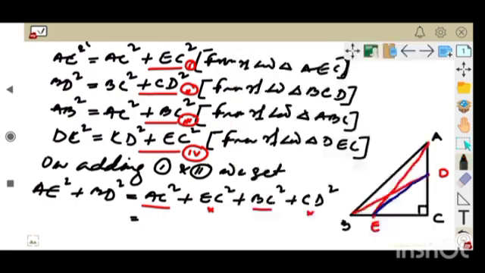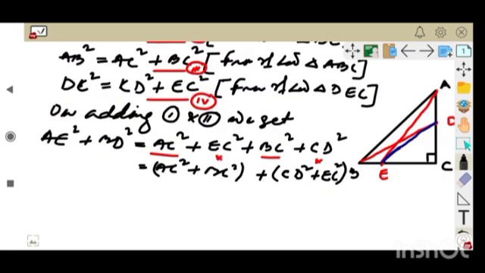We'll see now. AC square plus BC square plus next we have CD square and EC square. So you can write CD square plus EC square equal to, here we have AC square plus BC square.